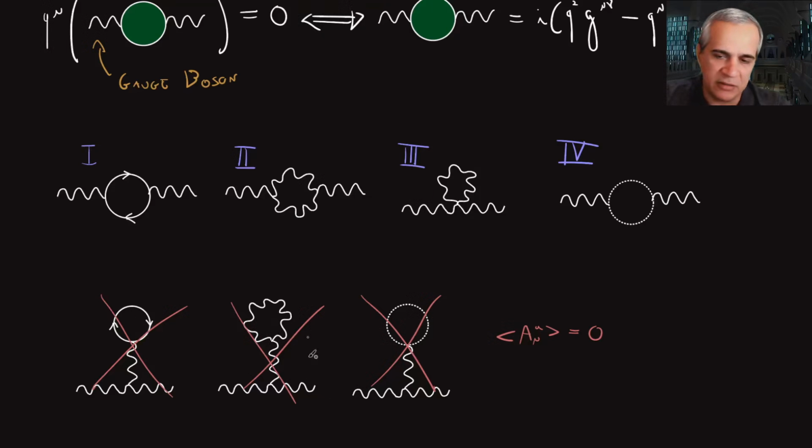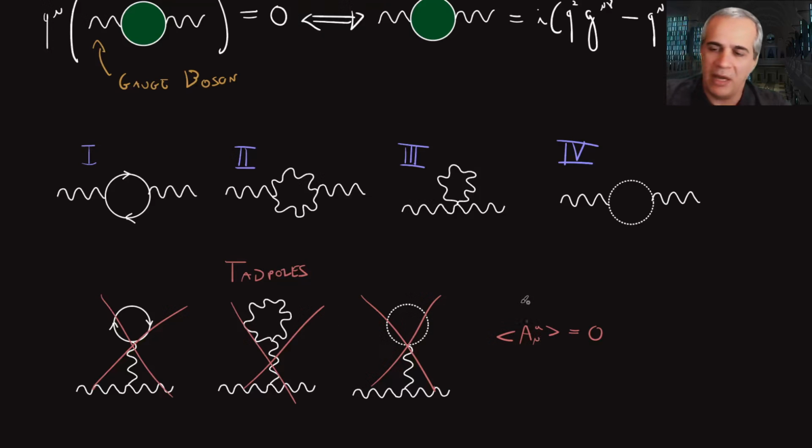The thing is, these contributions are called tadpoles, a name also attributed to Coleman. And these should be zero because they are proportional to the vacuum expectation value of the gauge field, and if this is different from zero, then I break a lot of symmetries spontaneously, including Lorentz.